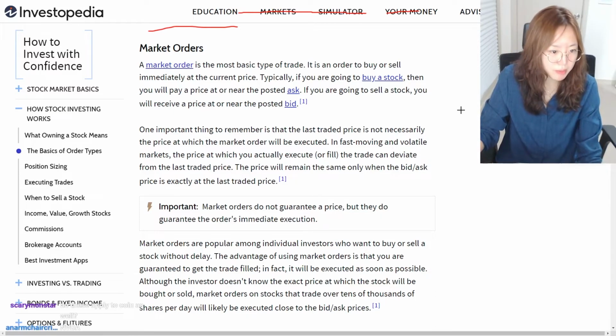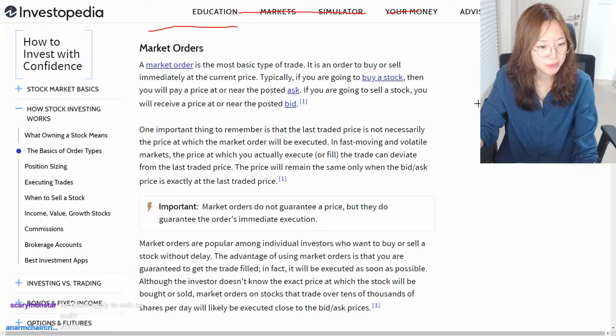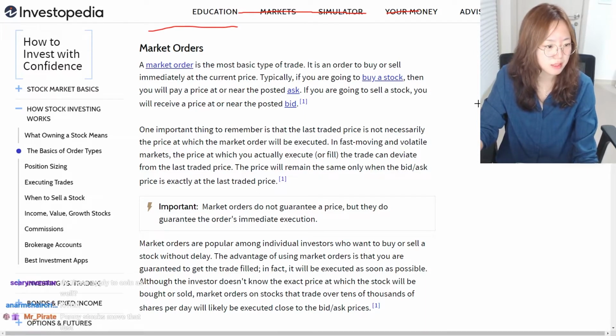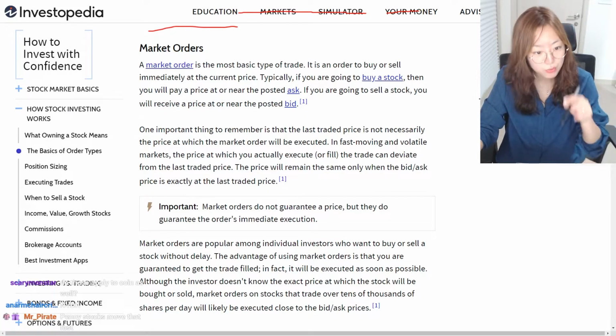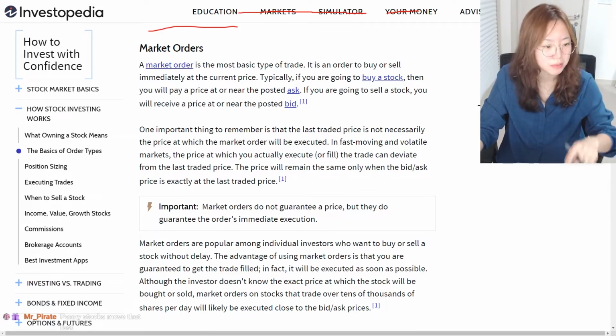One important thing to remember is that the last traded price is not necessarily the price at which the market order will be executed. In a fast-moving or volatile market, the price at which you actually execute or fill the trade can deviate from the last traded price.